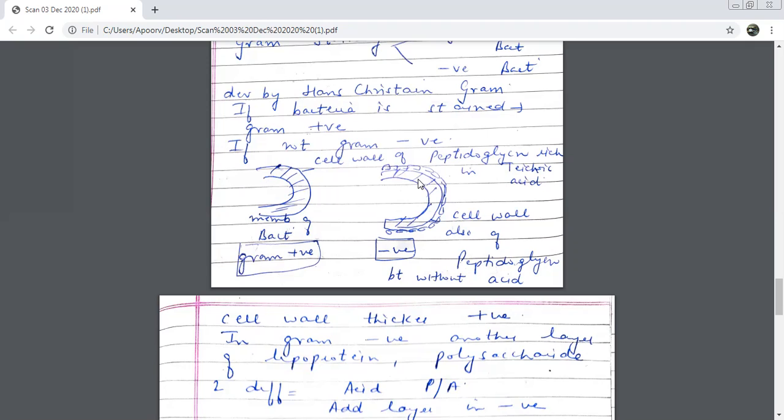Teichoic acid. Good. Teichoic acid is not present in gram negative bacteria. Although peptidoglycan is there in the wall, this acid is not present. The second and most important difference: this one has only one wall of peptidoglycan plus teichoic acid. This one has an additional membrane over here, which is made up of which two things I told you basically?